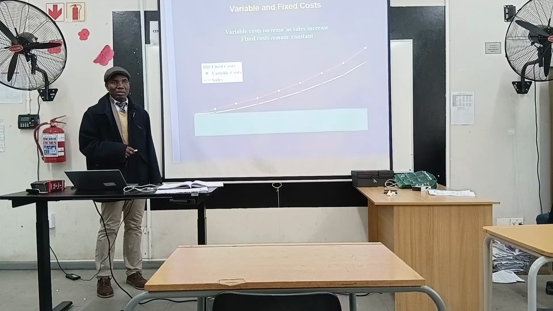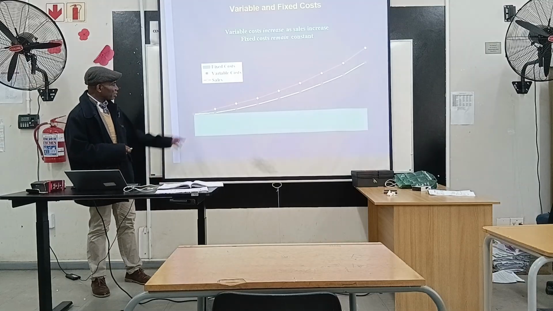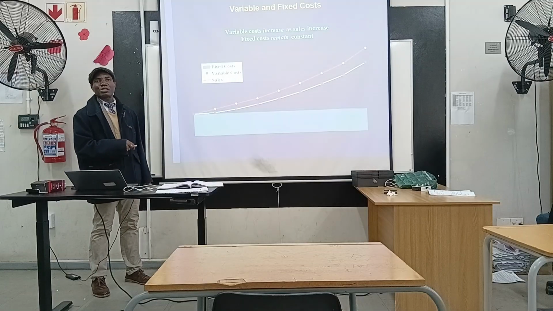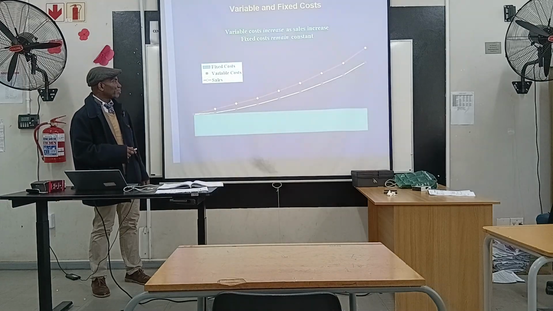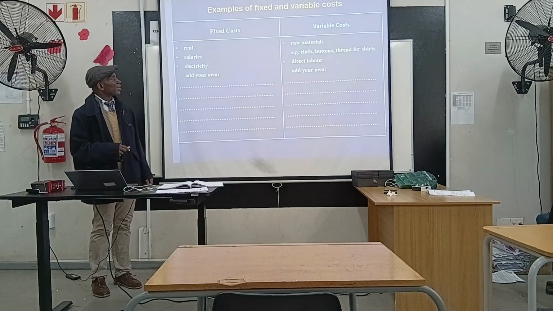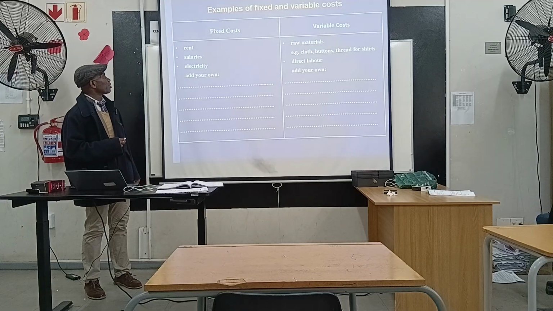The cost is made up of the variable cost and the fixed cost. So this is the fixed cost that remains the same, it remains constant, irrespective of the volume of sales or the volume of production. Now, let's look at typical examples of fixed cost and variable cost.